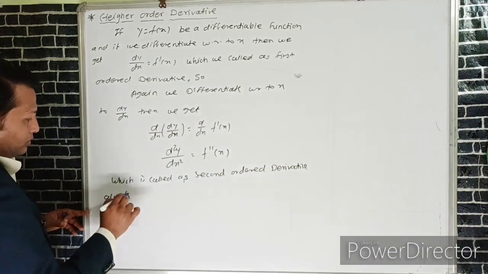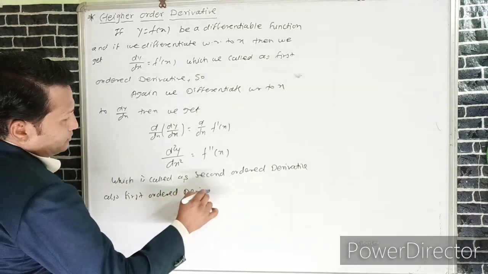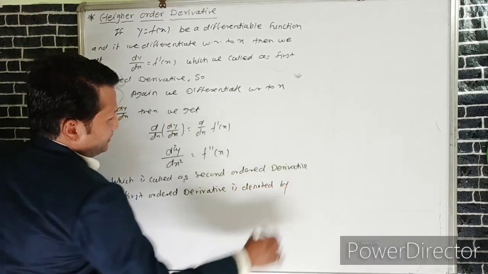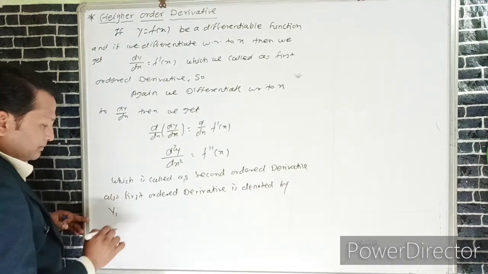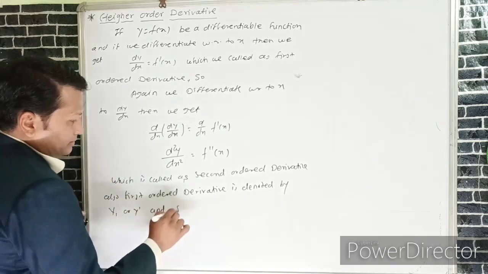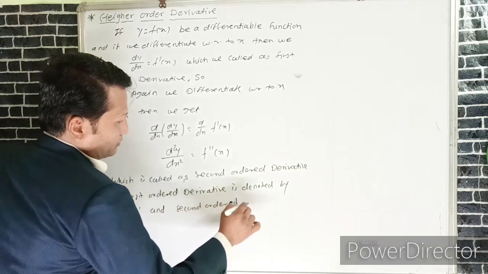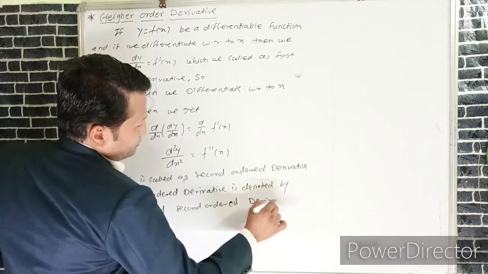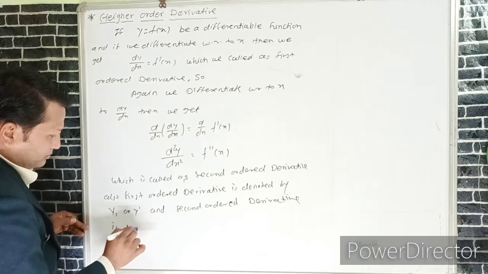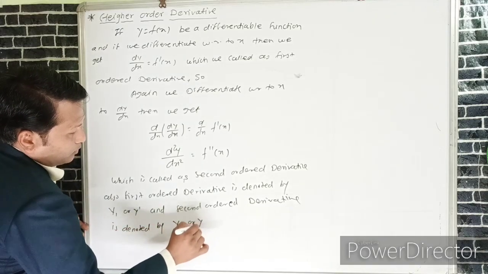Also, the first order derivative is denoted by y1 or y dash, and the second order derivative is denoted by y2 or y double dash.